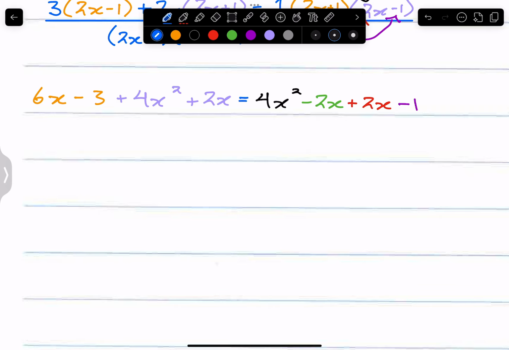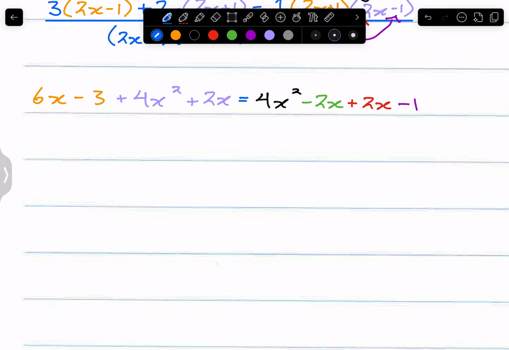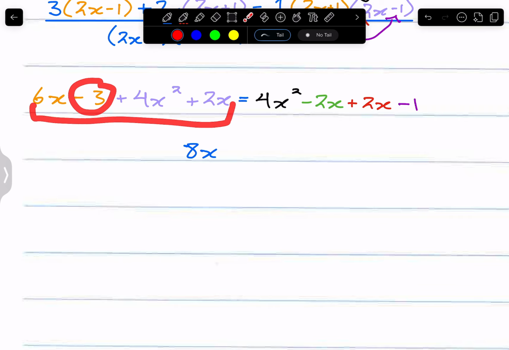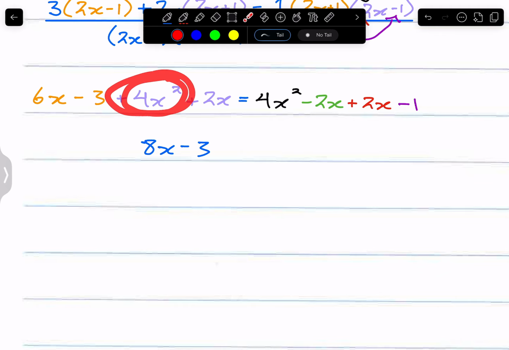If you notice, from this point forward it's actually pretty straightforward. We are collecting like terms, so 6x and 2x collect to become 8x. This negative 3 on the left-hand side is on its own, so we can write this as negative 3. Notice how I'm not even writing this one.